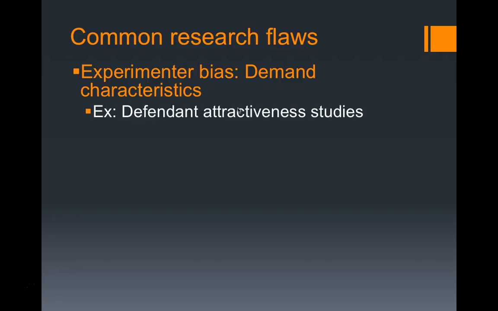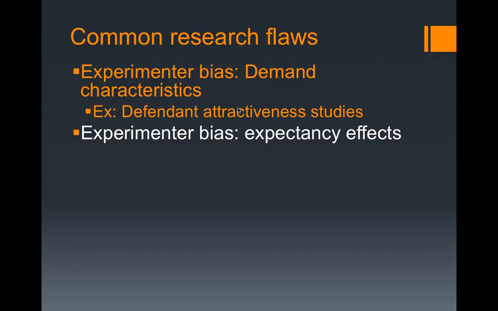Well, that could cue off. That could be what we call a demand characteristic, and give people a clue as to what's being studied and what the expected response is. So one has to be careful to limit the number of demand characteristics that are involved in a procedure.